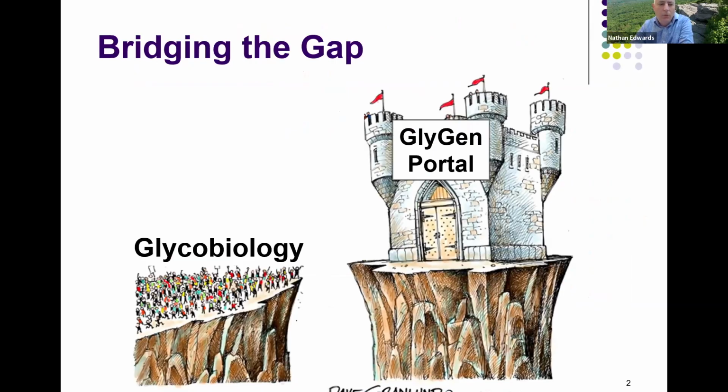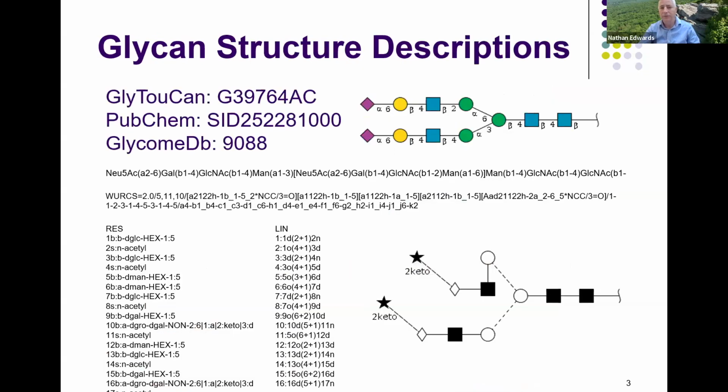We use a variety of tools and informatics approaches which don't actually provide ways for experts in the field to find the glycans that they're interested in and to understand how they're related to other pieces of information. And here's a good example why.